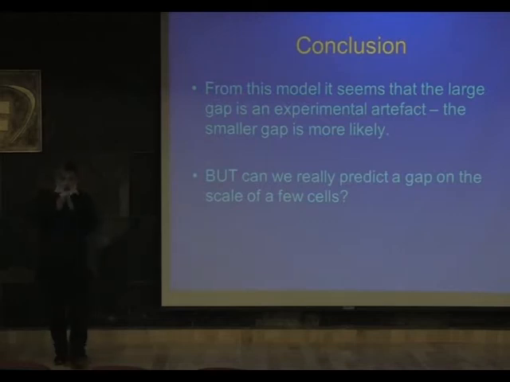So in that framework, you wouldn't be able to see a gap of 2 or 3 cells. So does it really make sense to say that I've got a continuum model that predicts a gap of the length of 2 or 3 cells? The answer is no, it doesn't make sense.